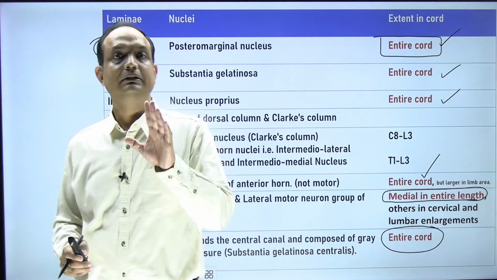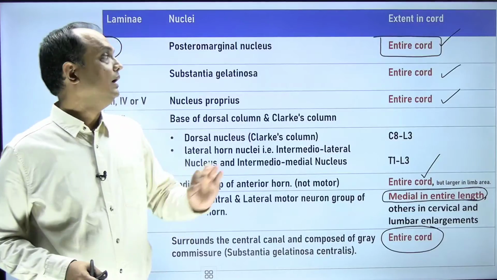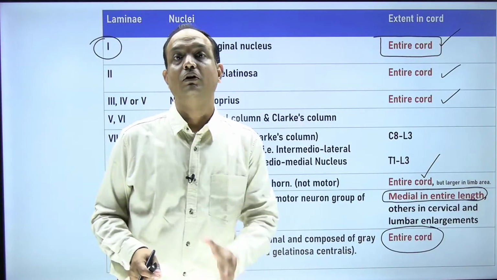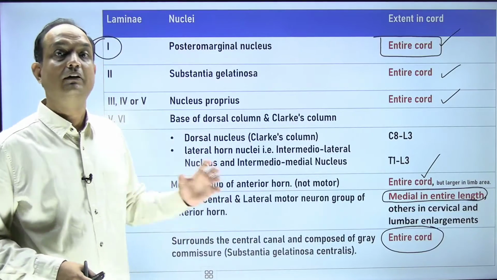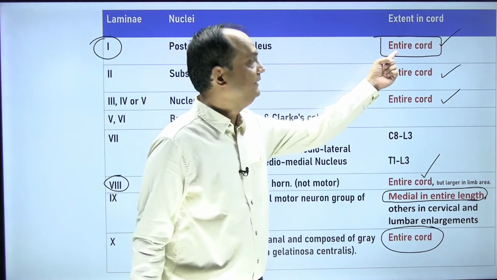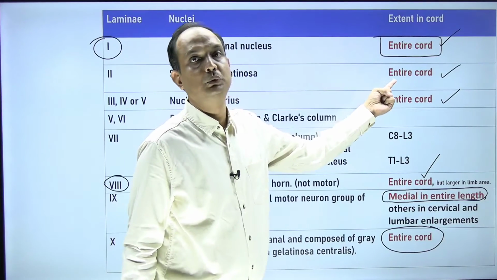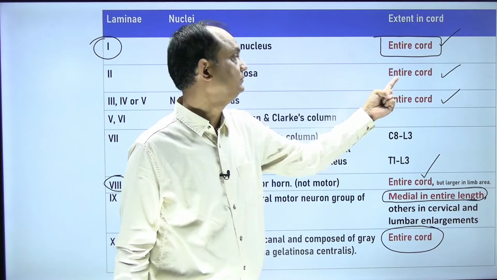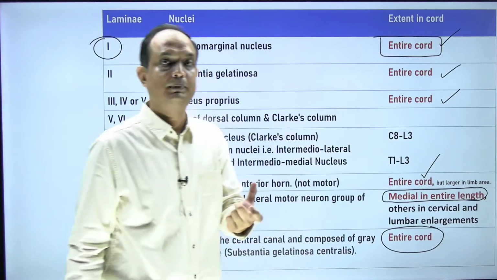So this is the important thing to understand: whenever you get a question about the extension of these nuclei or laminae in the spinal cord, remember Rexed lamina 1, that means supramarginal nucleus; Rexed lamina 2, the substantia gelatinosa; Rexed lamina 3 and 4, the nucleus proprius.